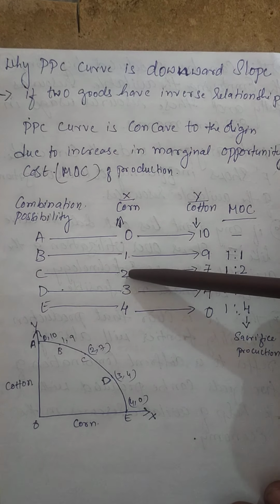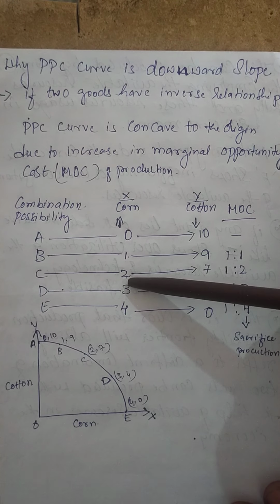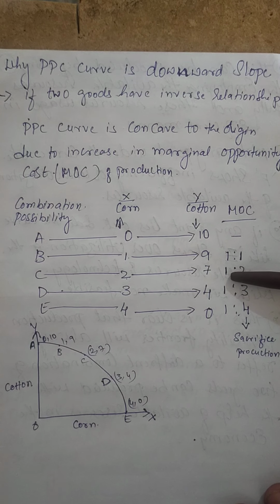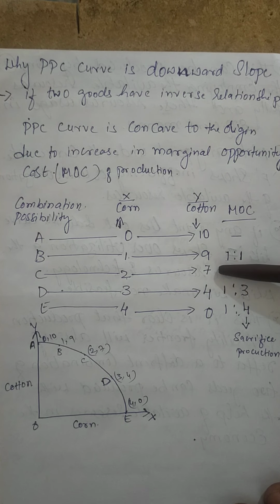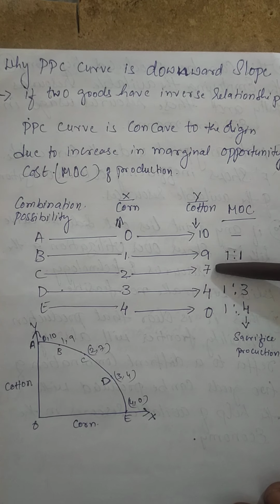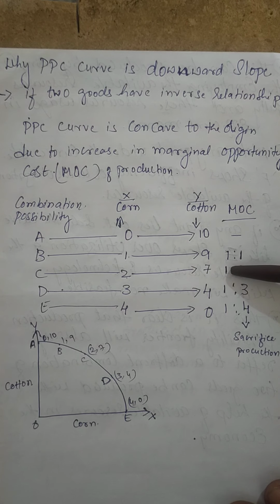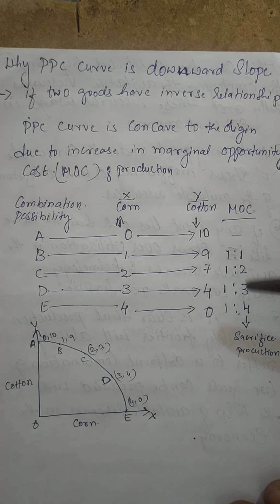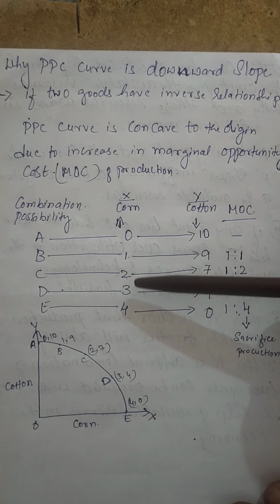Next, again the production level increases, so 1 to 2. Again 1 unit of extra production has taken place in the corn field. For that, cotton is sacrificing 9 minus 7, which is 2. So 2 portions of the product, which is cotton, are sacrificed for 1 unit of extra production of corn. Next, 7 minus 4 is 3, and 3 minus 2 is again 1.